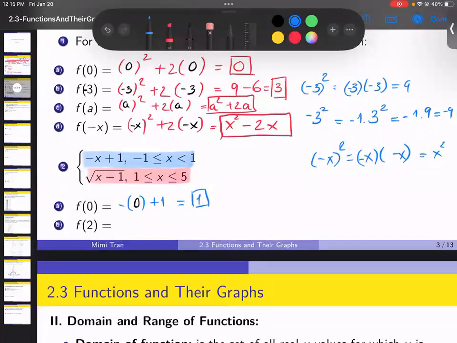And then f of 2. The bottom one says square root of something, subtract 1. Square root of 1, which is 1.